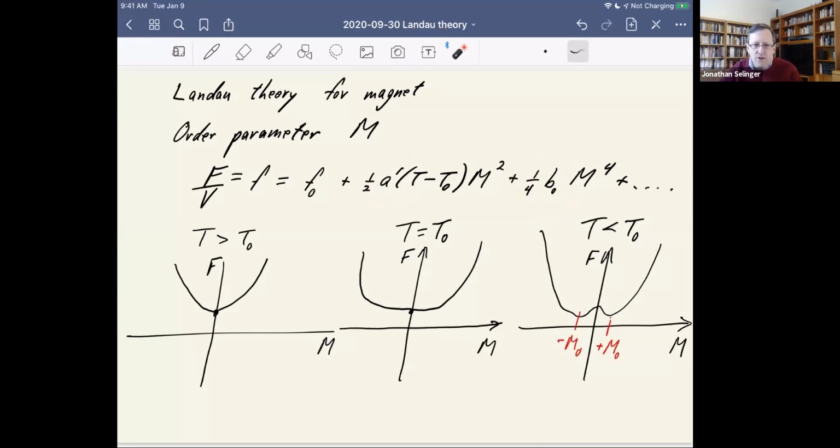Okay, so those were where we left off last time. Now, there was another question that I didn't answer, right? The question had to do with what if there is a magnetic field. So what happens if there isn't a perfect symmetry between spin up and spin down?